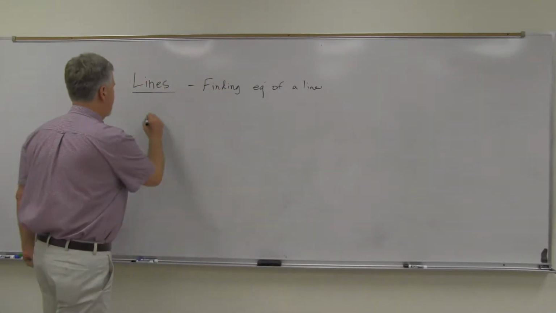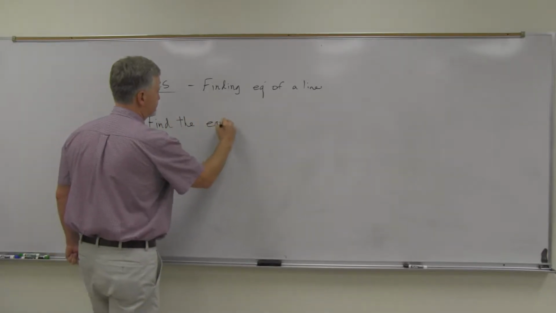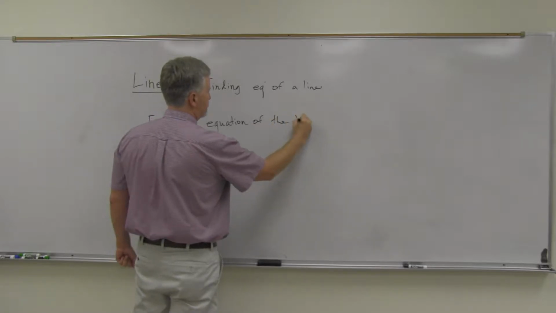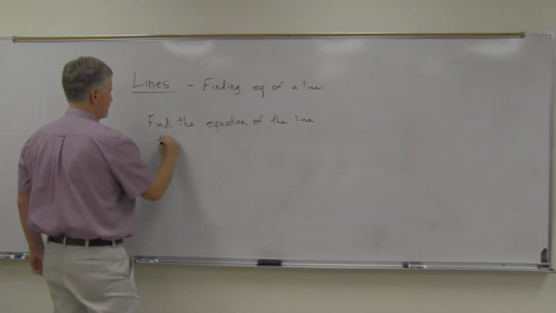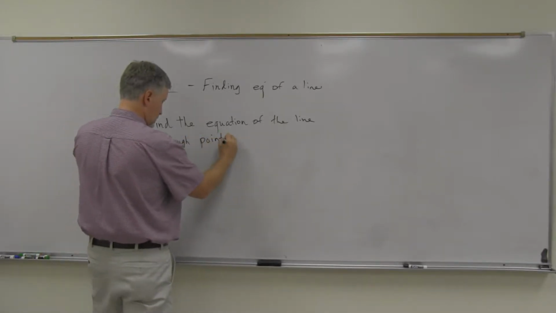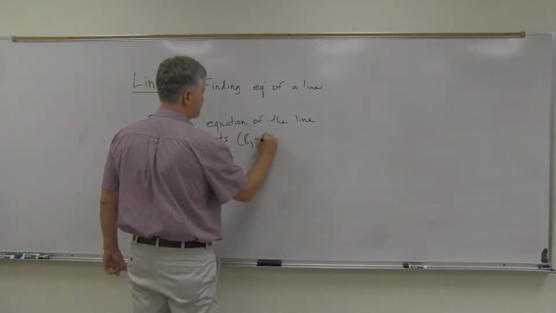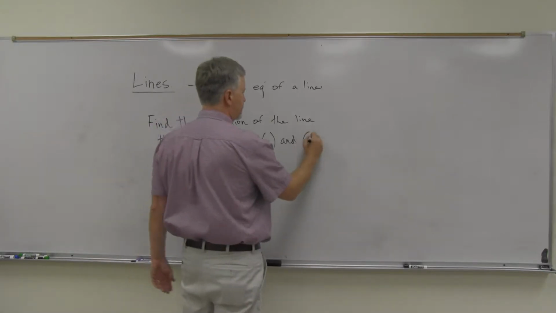All right, so let's say I want to find the equation of the line that goes through the points (8, -6) and the other one is (12, 9).